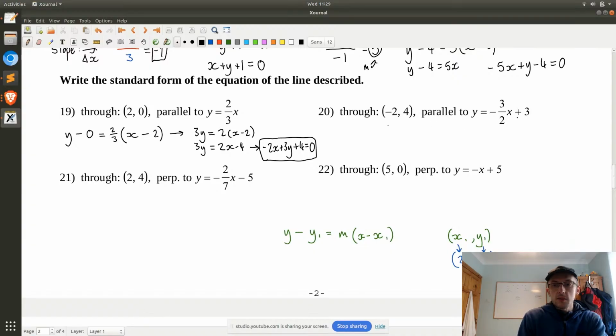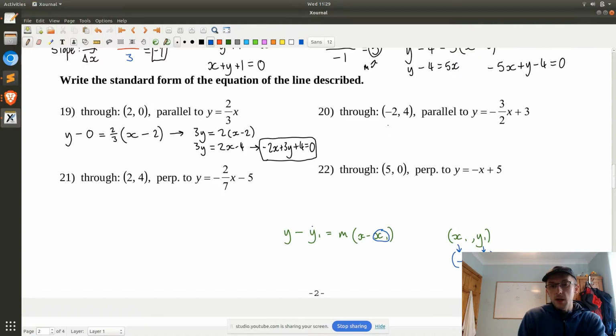Similar situation right here. Similar situation. But in this case, instead of 2, 0, it's negative 2, 4. Okay? So I pick up those numbers and I put them in the correct spots. Here where it says x1, I put negative 2.